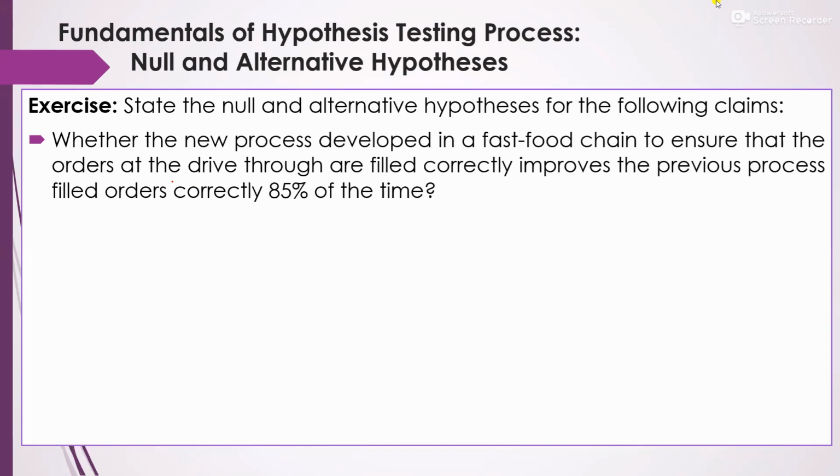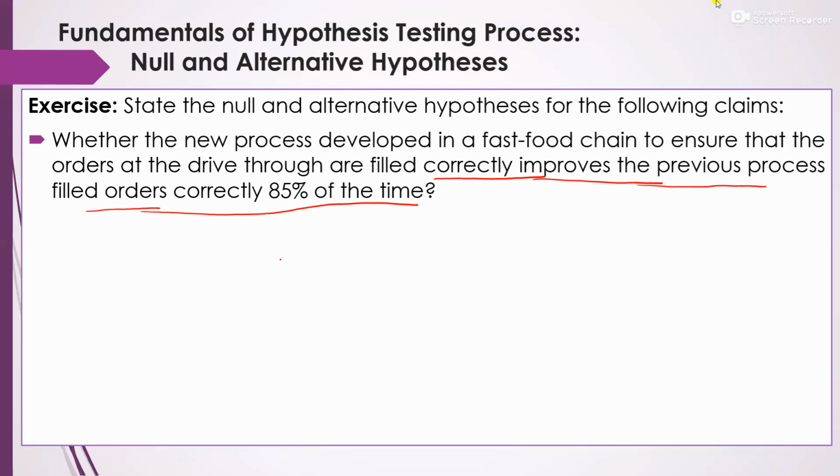And third example, whether the new process developed in a fast food chain to ensure that the orders at the drive-through are filled correctly improves the previous process, which filled orders correctly 85% of the time. Right? So here the filling process in the drive-through, customers' information filling, right?